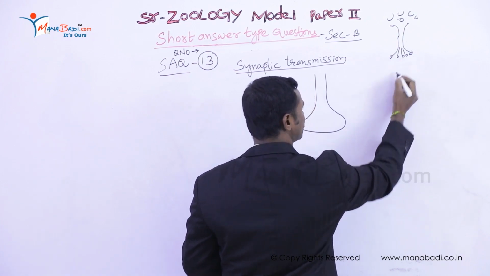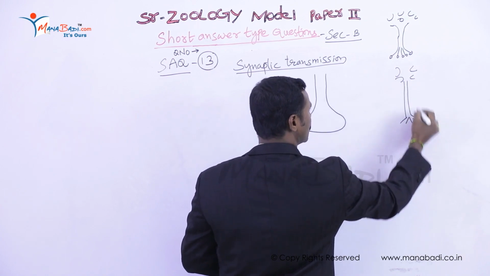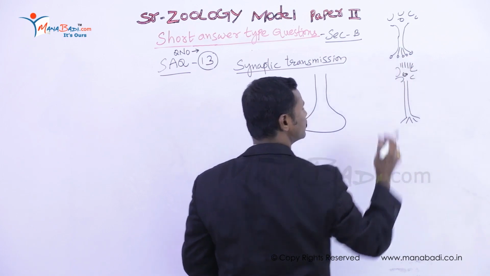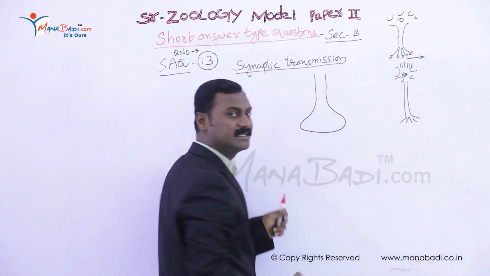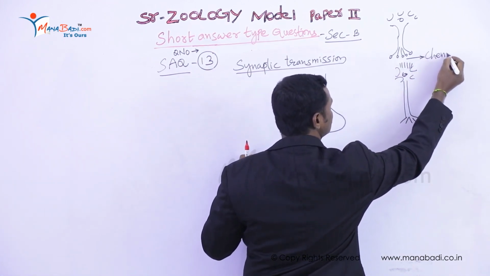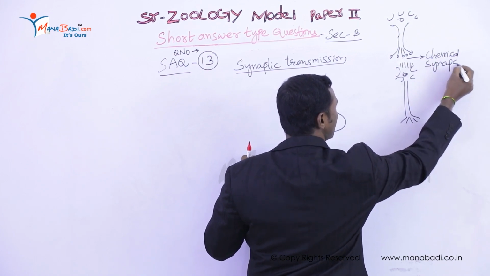These are called axon terminals. And this particular part is another neuron. So one neuron gets connection with another neuron. In this, there is a space. This space is called chemical synapse.